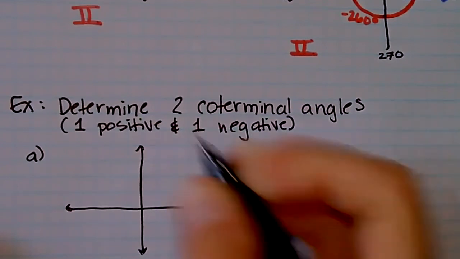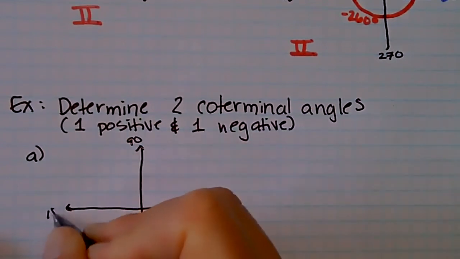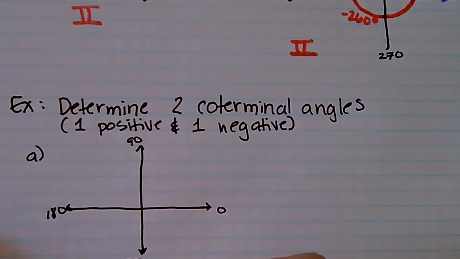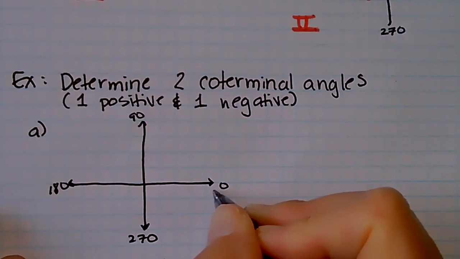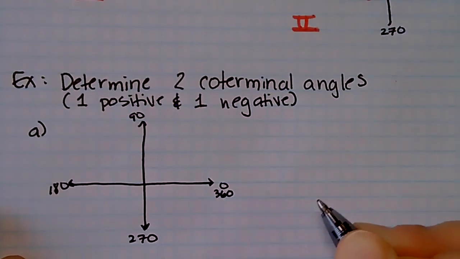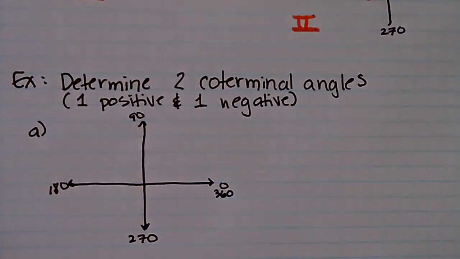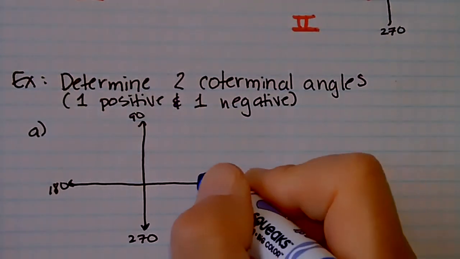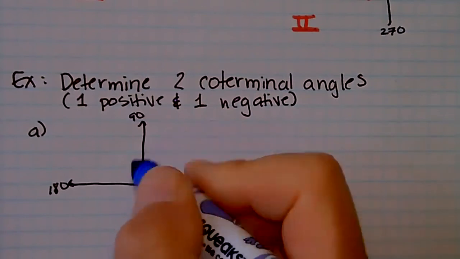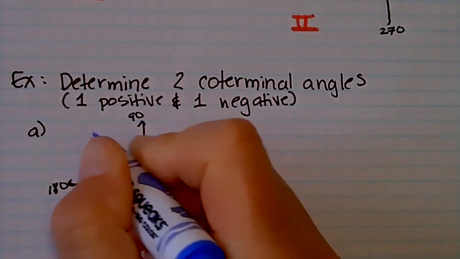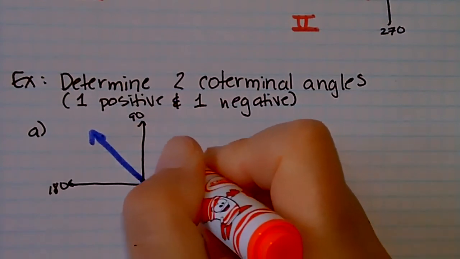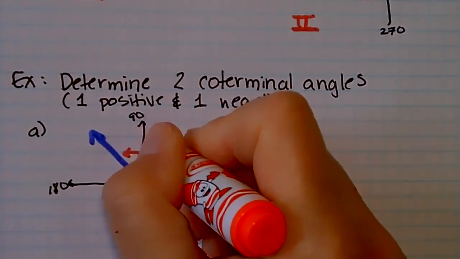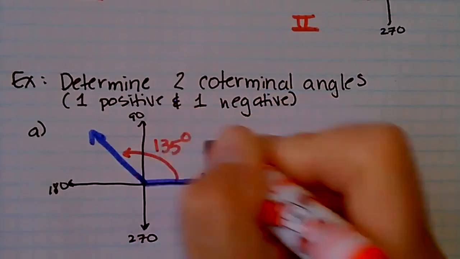And let me just write my 0, 90, 180, 270, and then again, this would be back to 360, okay? And let's say we're starting here. And let's say this is our picture, and that they tell us that this is 135 degrees.